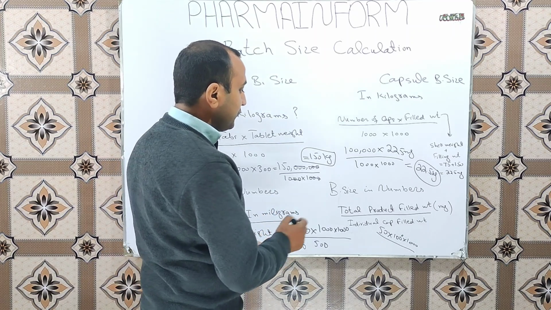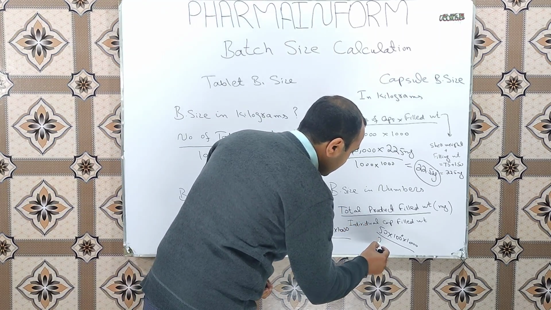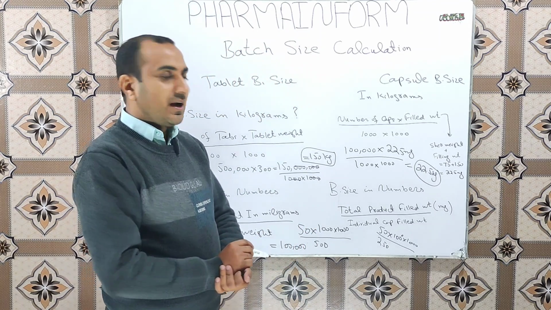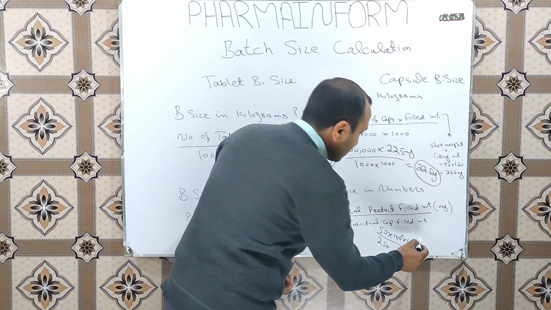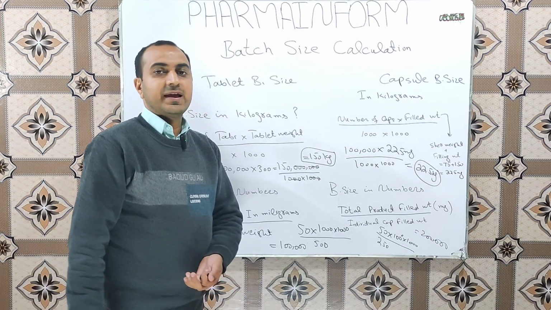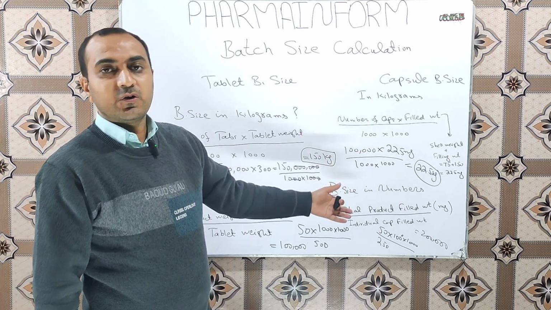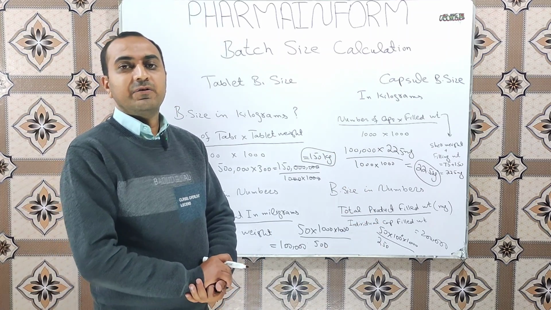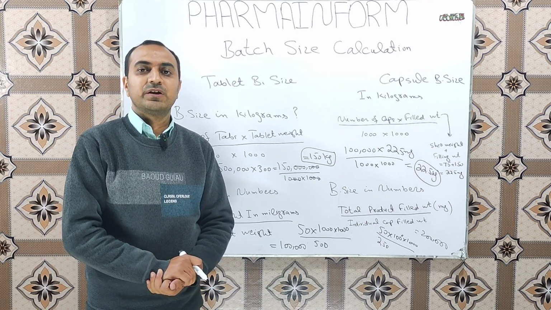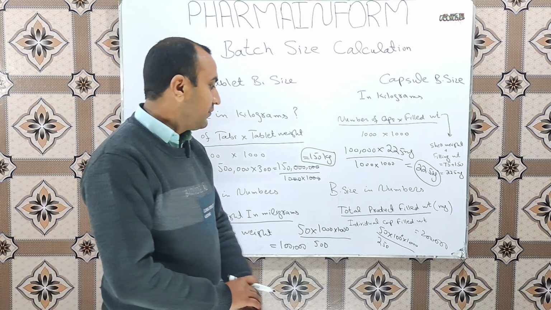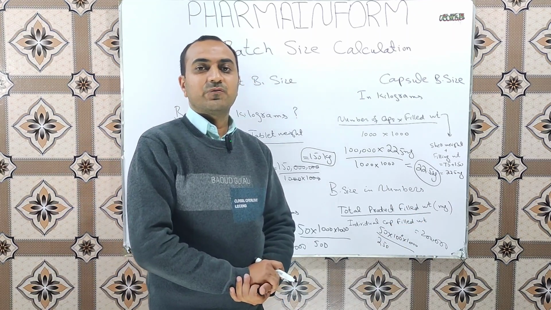Suppose our capsule filled weight is 250 milligrams. After calculation our answer will be 2 lakh capsules. Meaning if we have a filled capsule product weighing 50 kilograms and our individual filled capsule weight is 250 milligrams, the batch size in terms of numbers will be 2 lakh capsules.